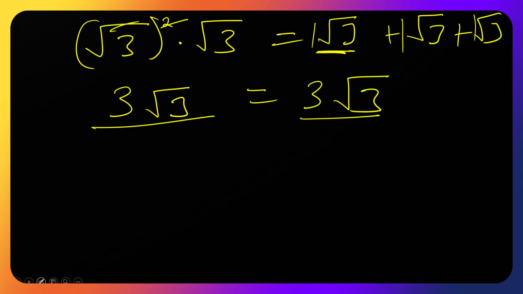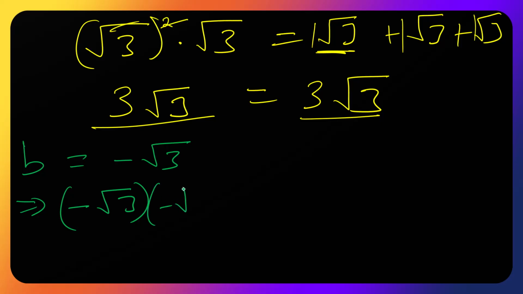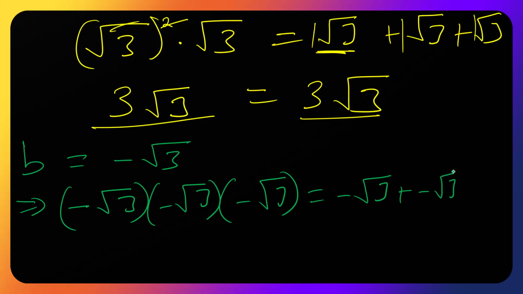All right, now let's look at the last solution, when b equals minus square root of 3. Let's plug in minus square root of 3 times minus square root of 3 times minus square root of 3 equals minus square root of 3 plus minus square root of 3 plus minus square root of 3. Minus, minus, minus, that is odd, so still minus.